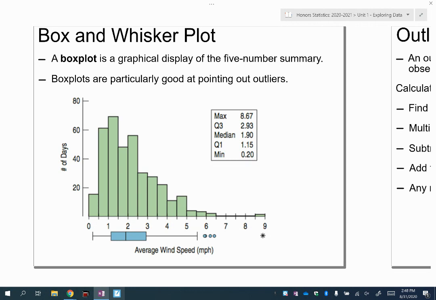Now, something interesting here that we'll get into later is if you look at the right side of the right whisker, you'll see some circles that are filled in with that turquoise color. Those are considered outliers, and I'll get into what that means soon. And then finally, even further right of that, you see an asterisk. That is what we call an extreme outlier.